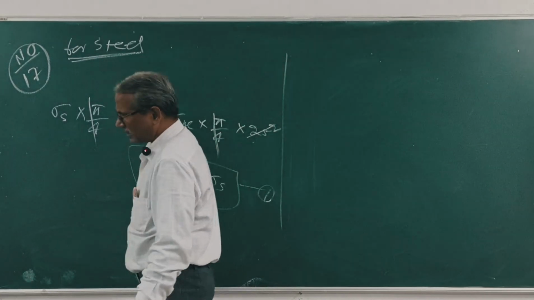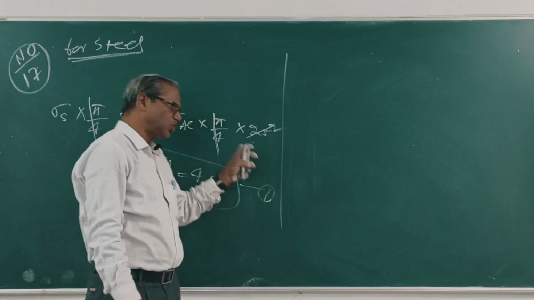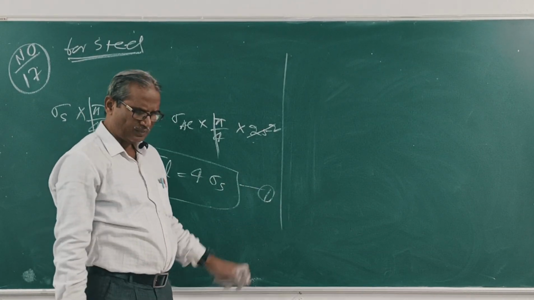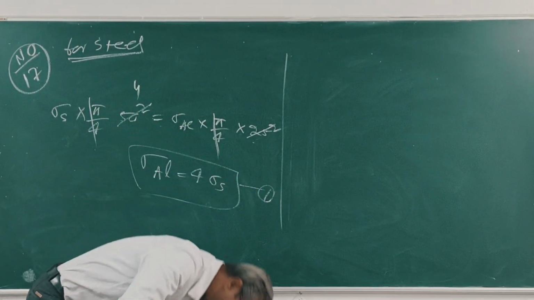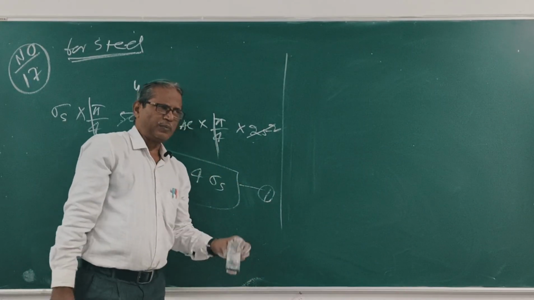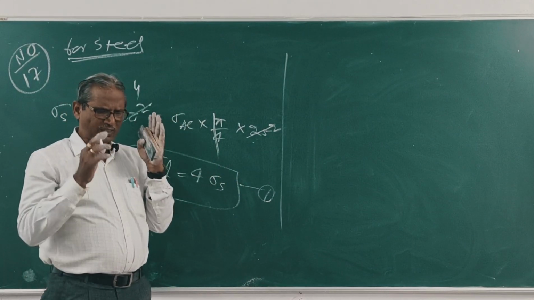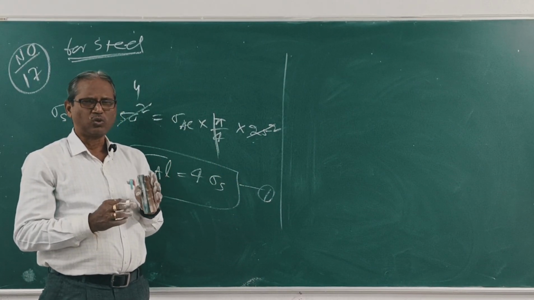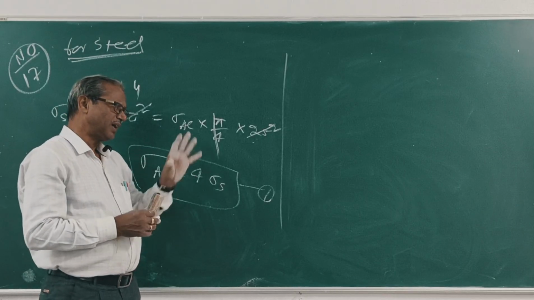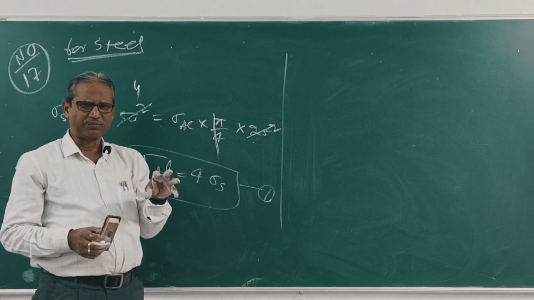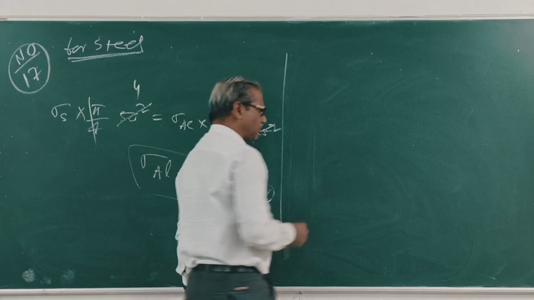Without calculator, the problems cannot be done. So you use calculators and find the answer. Clear? Now, the temperature decreases from 30 degrees centigrade to 21 degrees centigrade. Hence, there is a contraction. Clear? So, contraction of steel bar.